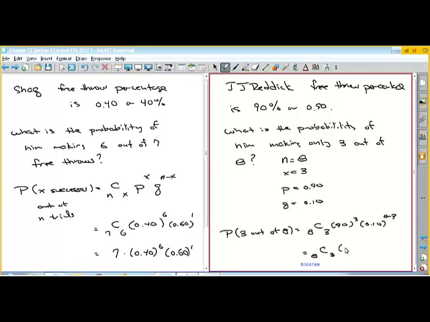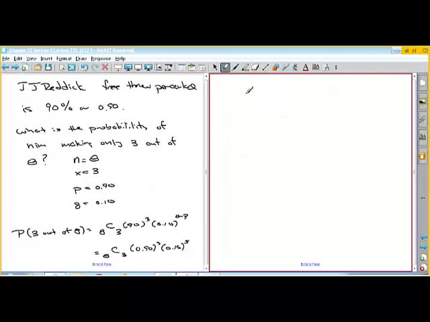Now, in this case, you're actually going to have to calculate this because it's not one of the easy ones. So see if you can remember how to do that. I'll write the formula down for you just in case you forgot what it is. The formula for figuring out n things x at a time would be n factorial divided by x factorial times n minus x factorial.